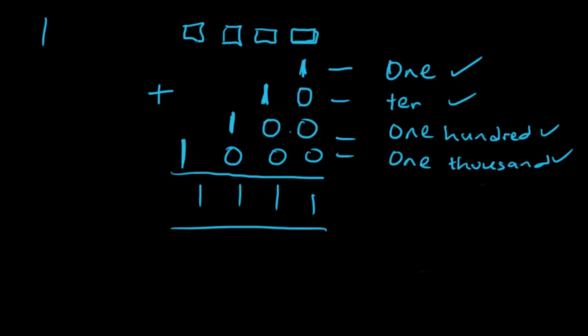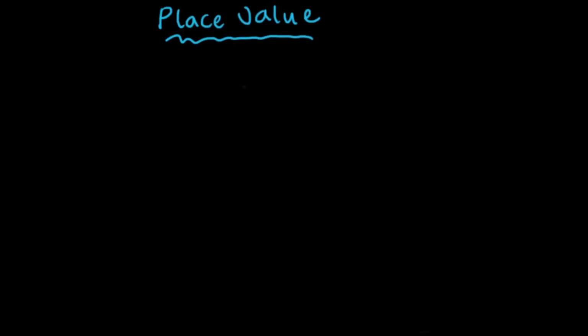Now, let's go to what you really need under the scheme of work for this topic. The first thing you need to know is that we've got names for each position in the place value system. The first position is known as the units, followed by the tens.